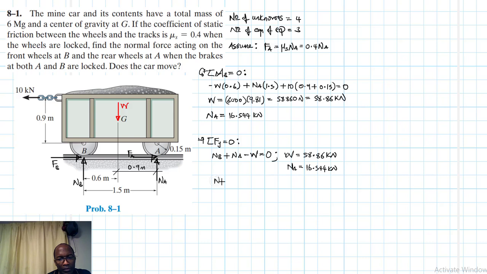Therefore, NB is going to be equal to 58.86 minus 16.544, so NB is equal to 42.316 kilonewtons.